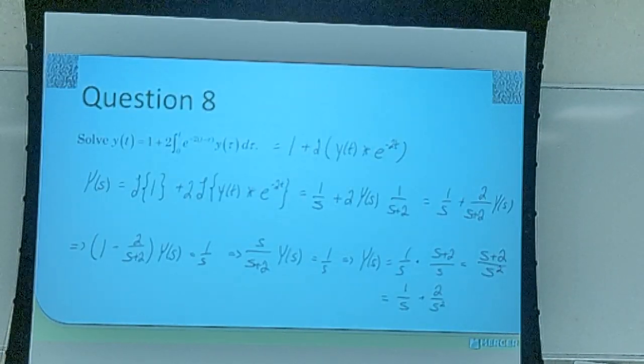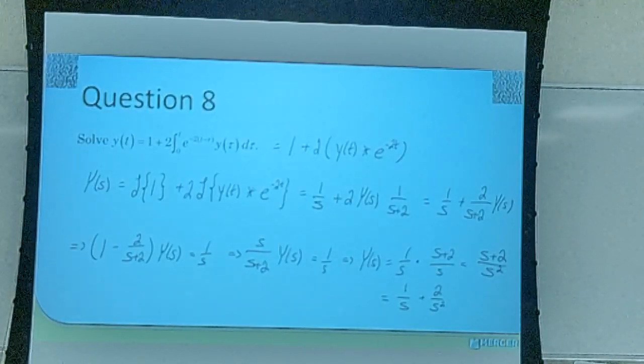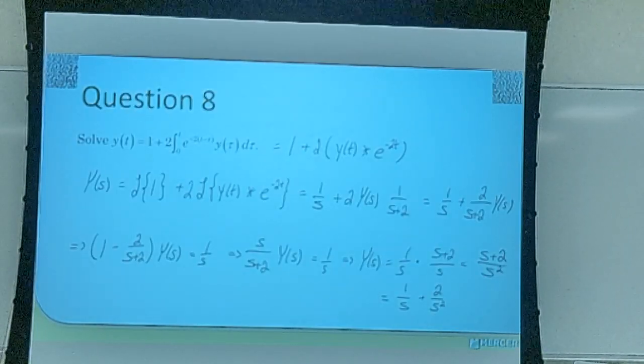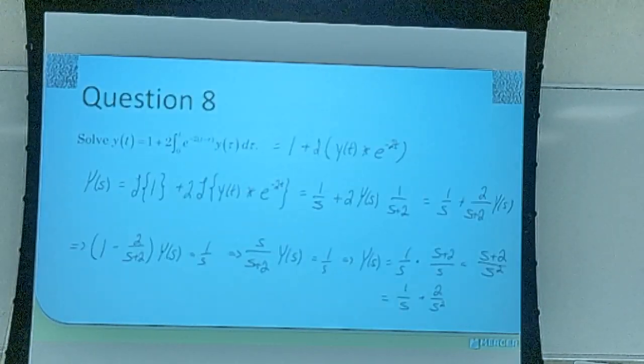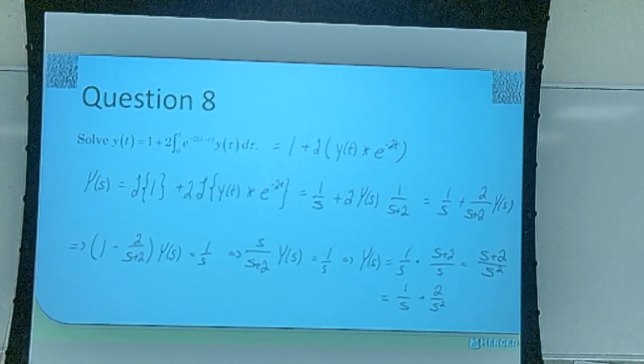Now, it's been a while since algebra. Oh, look how easy that is to solve. Because remember, big Y is the Laplace transform of y of t. So just take the inverse transform.